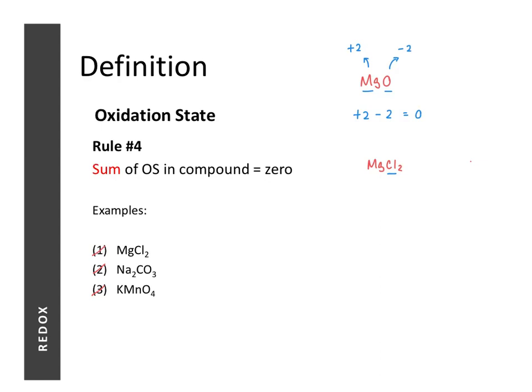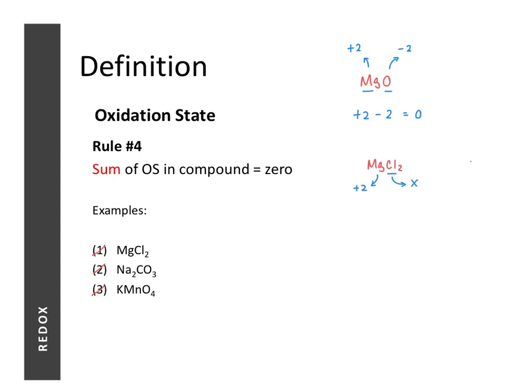If we think about it, in rule number 3, does chlorine, group 7, have a fixed oxidation state? The answer is no. So without a fixed oxidation state, how do we know the oxidation state of chlorine? Since we don't know, we let it be X first. Now, does magnesium have a fixed oxidation state? The answer is yes. Magnesium is in group 2, so it's always +2.